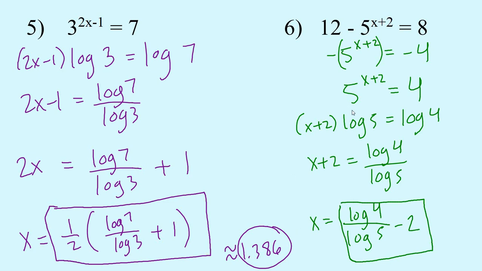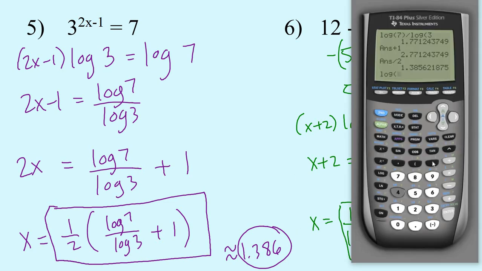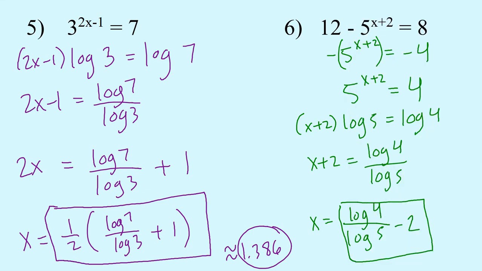So let's get the answer. Log 4 divided by log 5, and then we subtracted 2. So 0.1139 is the rounded answer.